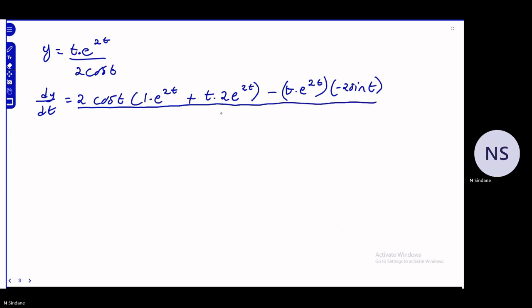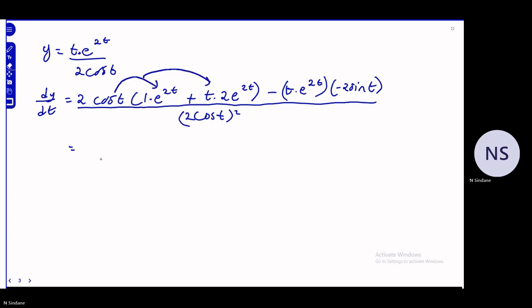2 cos t all squared. Then from there, this will multiply everything inside the bracket.